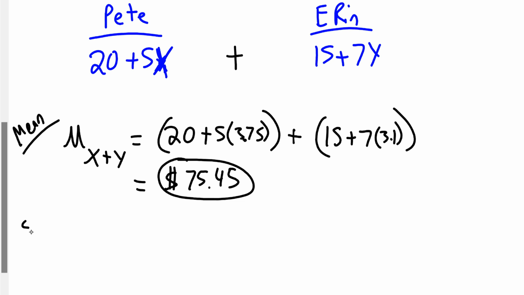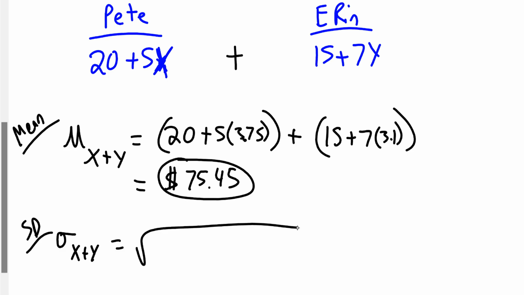Now with standard deviation, we have to think a little bit more. Because standard deviation is not impacted by the adding. And we are using two different distributions, so we're still using this formula. So for Pete's, it would be 5 times the standard deviation of 1.09.